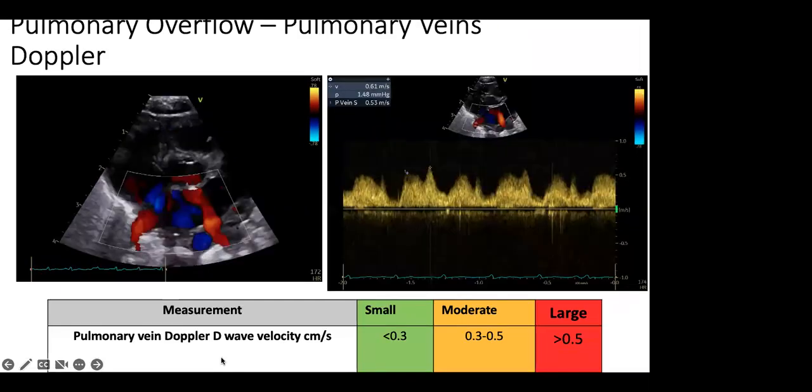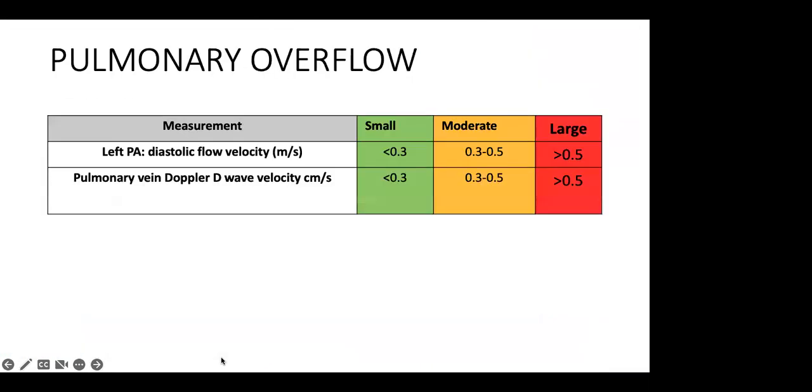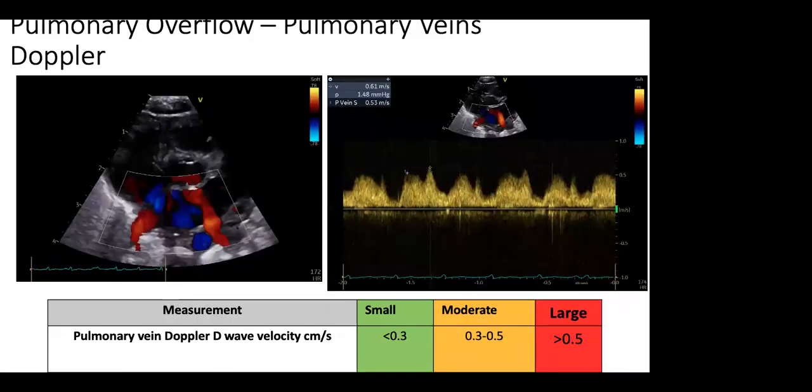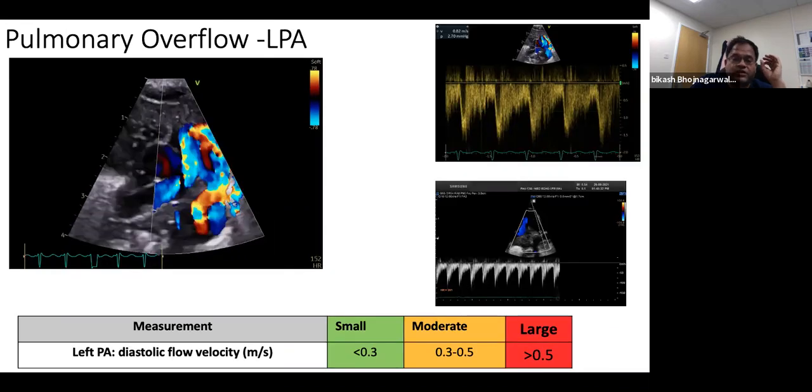Bikash, Zoltan's here. Do you mean mean score or end diastolic on that slide? And diastolic. And diastolic, okay. So basically, pulmonary artery flow should be pulsatile. In the presence of a duct, you start seeing flow in the diastole also.